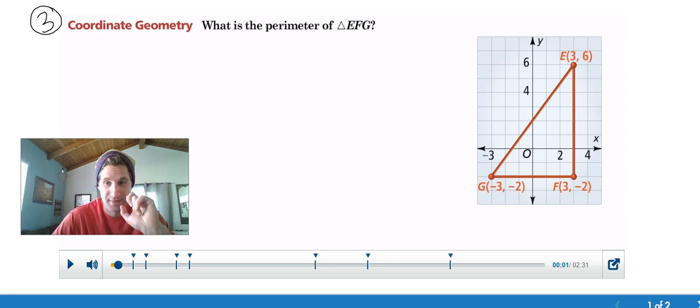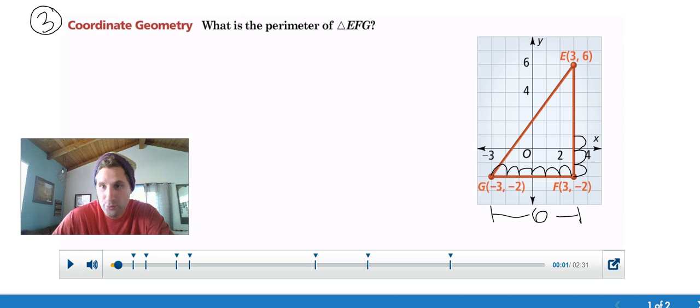Here's the good news. If it is a perfectly flat line, which we call horizontal, or a perfectly vertical line that goes up and down, we can just count. Okay? So I can literally just go 1, 2, 3, 4, 5, 6. So 6 is the distance from here to here.